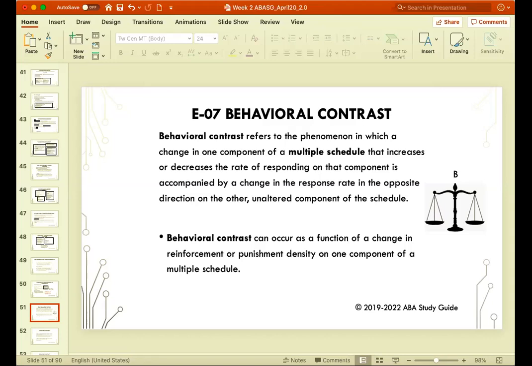So what I have trained myself to do when I think about this is I picture the little scales of justice with a B on it. It's one behavior. Only one behavior. We're talking about Melissa and Melissa's calling out in class, okay? One behavior, same behavior, but we have different schedules of reinforcement. Her behavior is either going to be higher in one environment because it's reinforced.